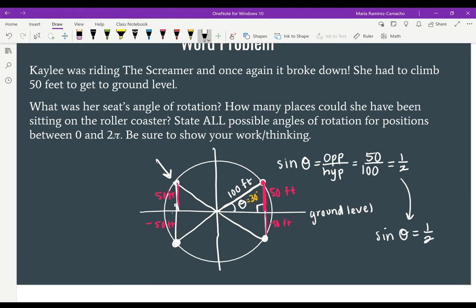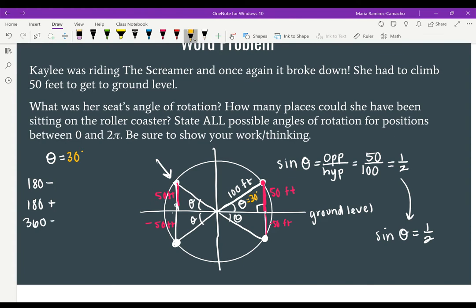And so what we want to do is find all of those angles. And remember, there is a pattern when you're looking for the corresponding angles for a reference angle. Here, if our angle is 30 degrees, then these other angles would be 180 minus theta, 180 plus theta, and 360 minus theta.